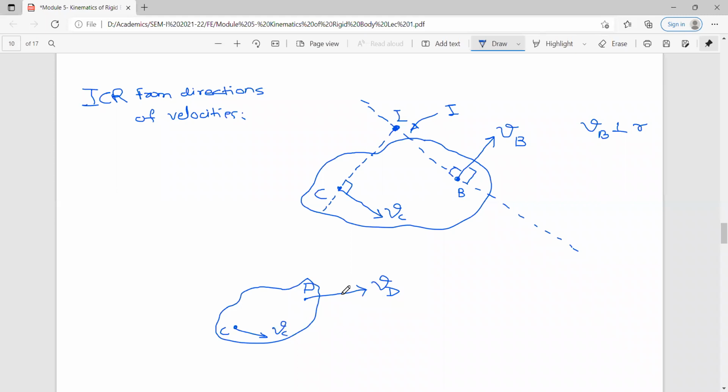What I know from the concept is that velocity direction is perpendicular to radius, and at the end of the radius you find the center. So I will draw the radius perpendicular to velocity.